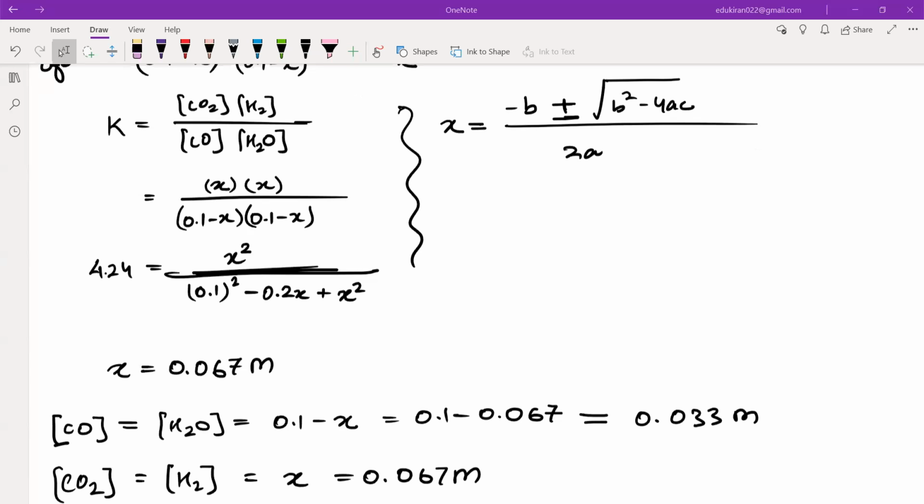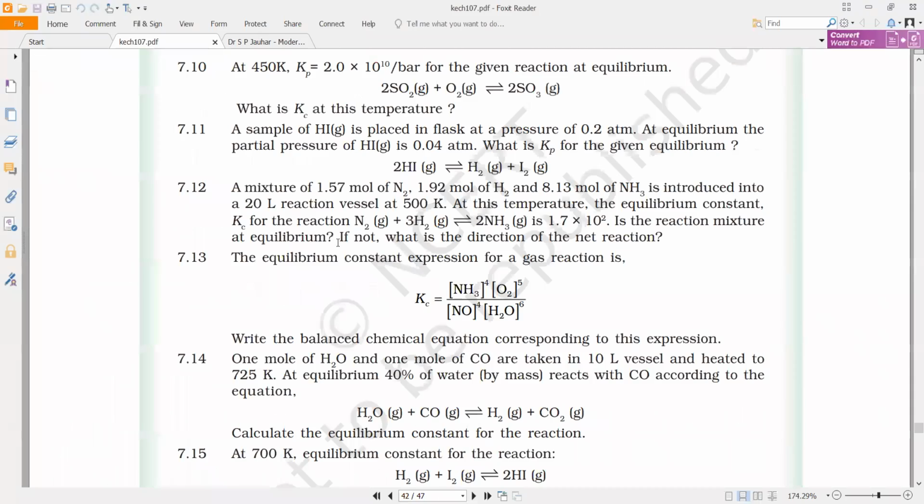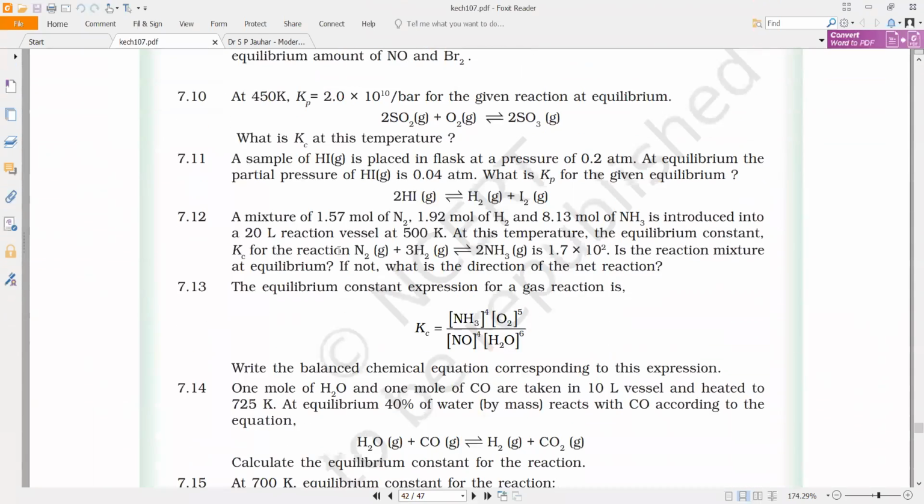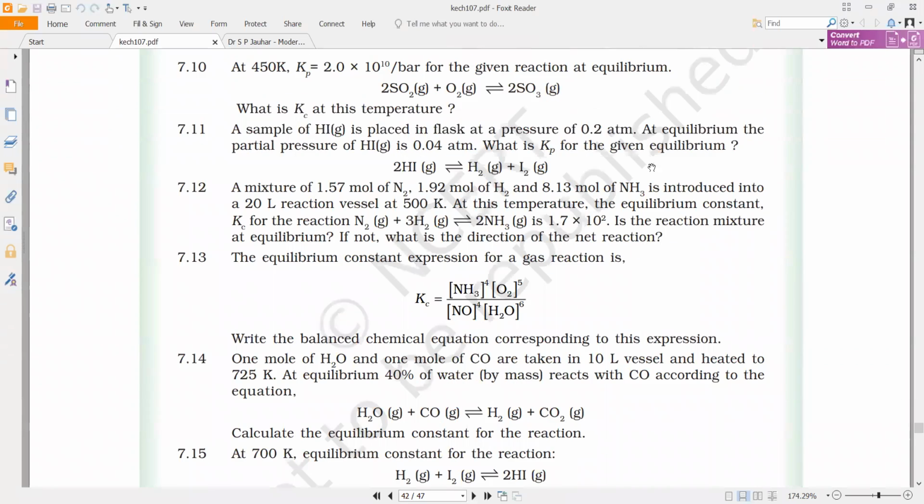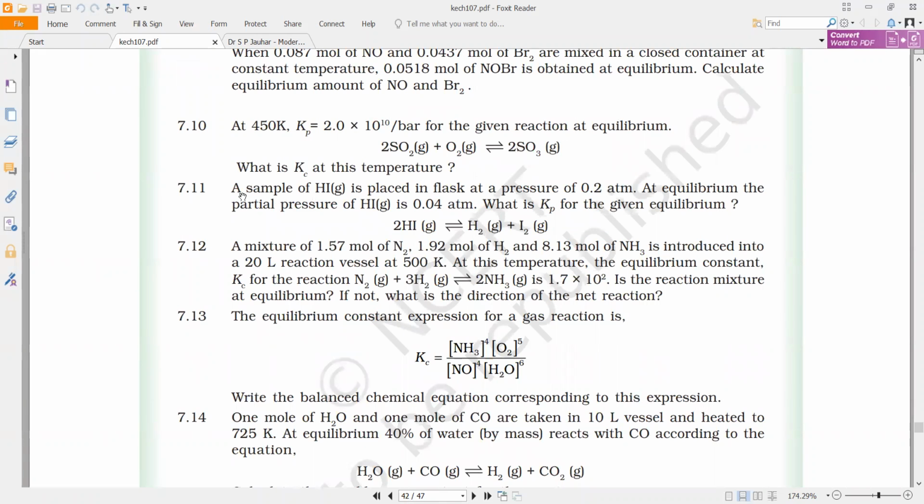Okay, let me share my screen. Yeah, can you see this NCERT textbook? Yes, sir. So can someone read the 7.11? Read it out loudly, bhai. Read it loudly.